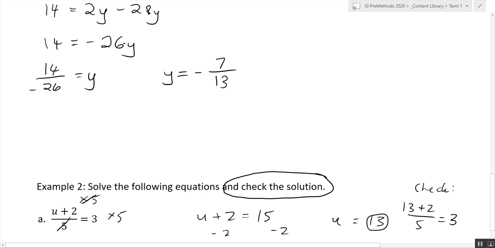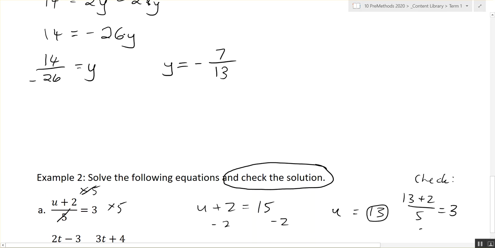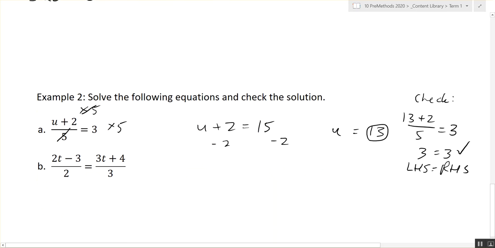So 13 plus 2 is 15 over 5 equals 3. So you give yourself a tick. What shall we do? Get rid of the fraction first. So first step, get rid of the fraction.